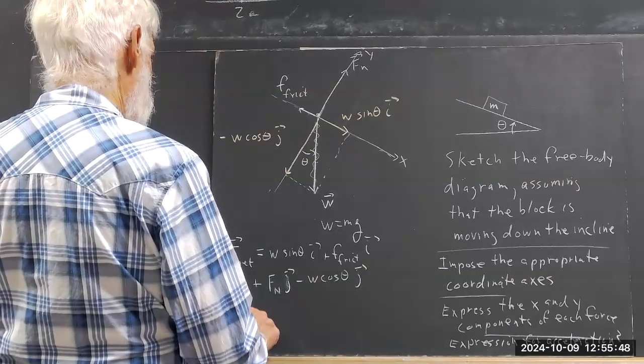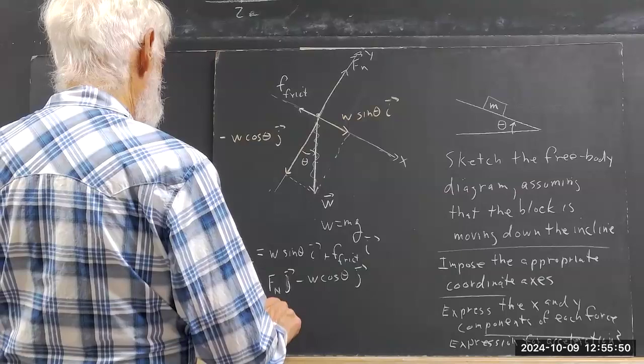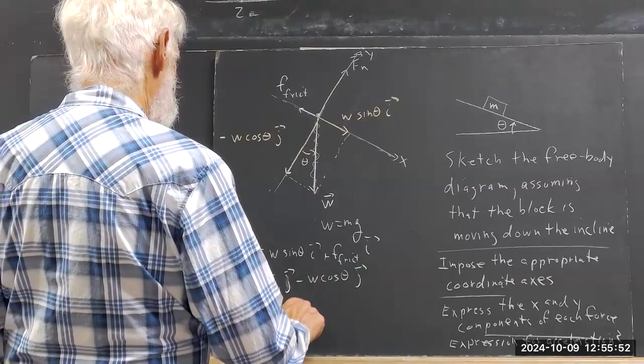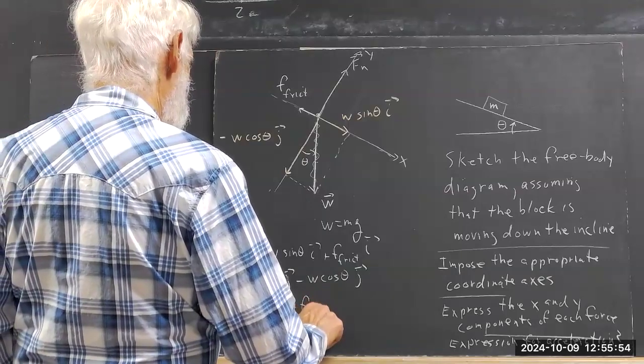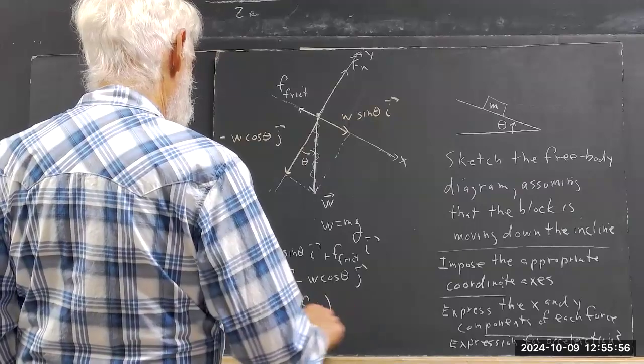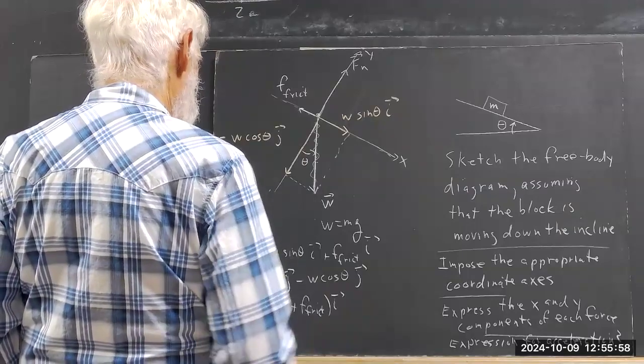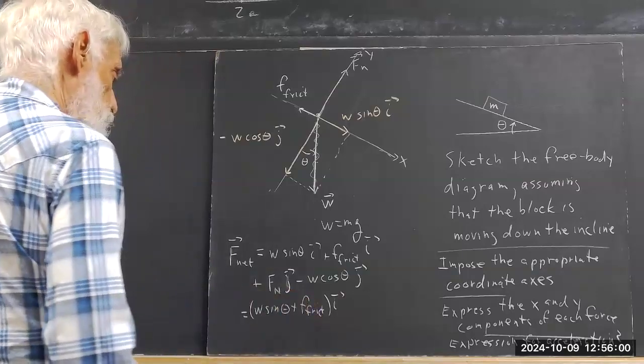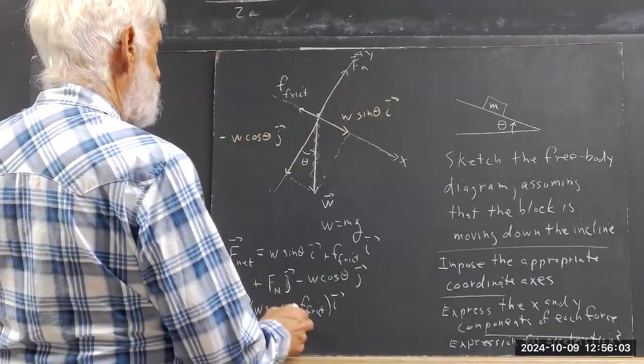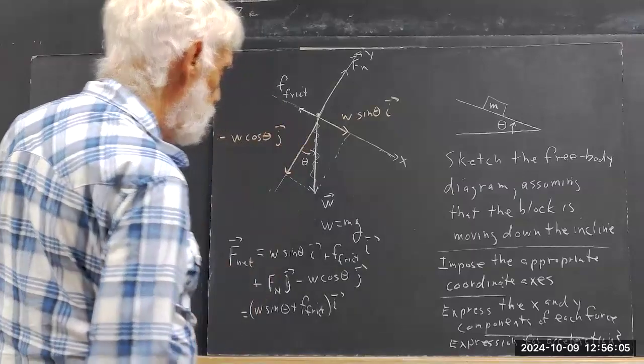And this equals, here's your I component. In other words, this is the sum of all the X components.